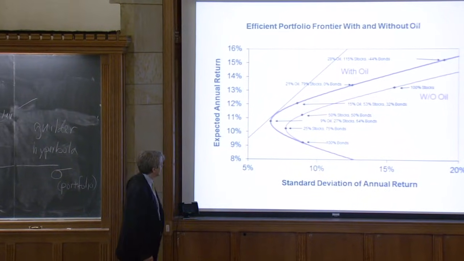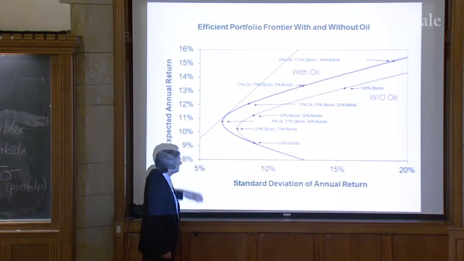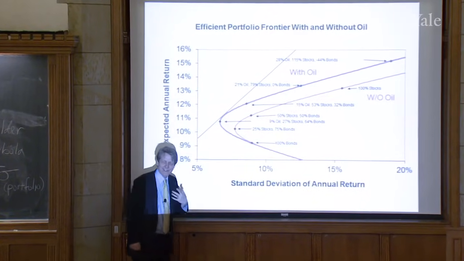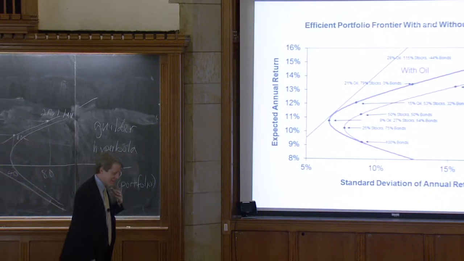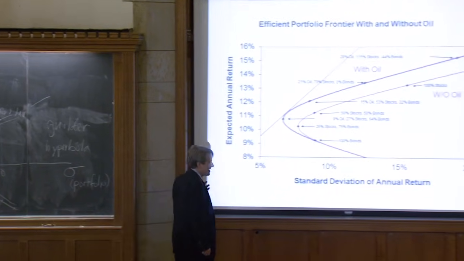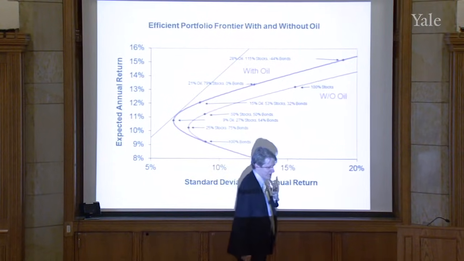And so this is, I don't know if it was clear in Markowitz's paper, but it became clear soon after. There really is, in a sense, an optimal portfolio.